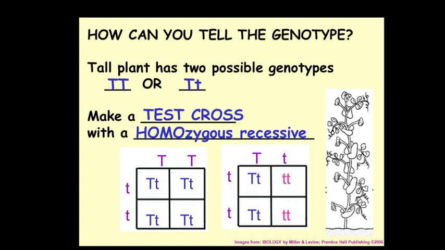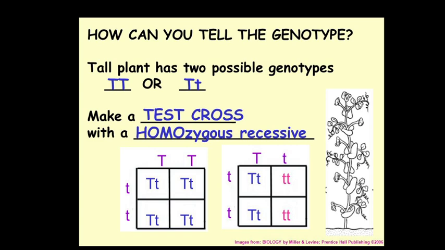It is called a test cross because it is used to test whether an individual is homozygous or heterozygous, as you see in your slide. In case of homozygous, all individuals are red color, and in case of heterozygous, 50% individuals are red and 50% are white. As you see on your screen, there is an example of a tall plant.